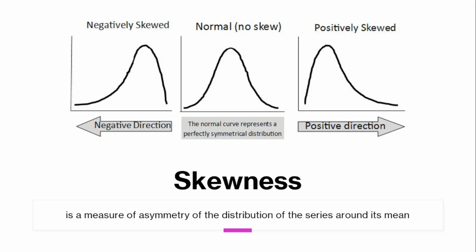Then the next descriptive statistical tool we generally use is skewness. Skewness is a measure of asymmetry of the distribution of the series around the mean.